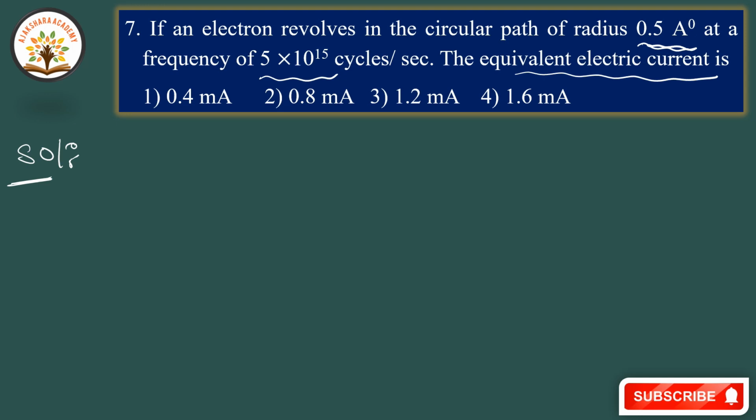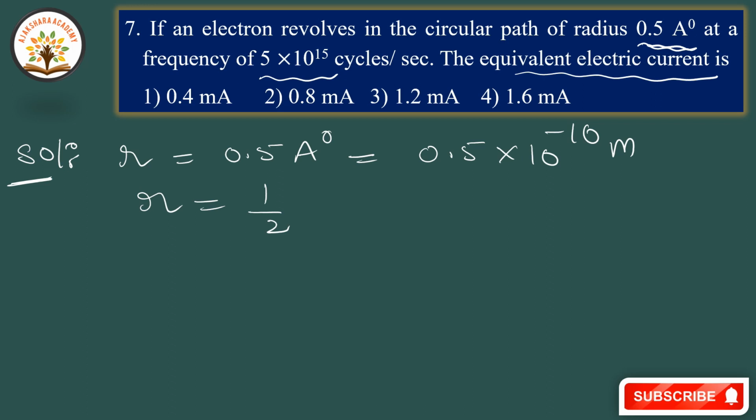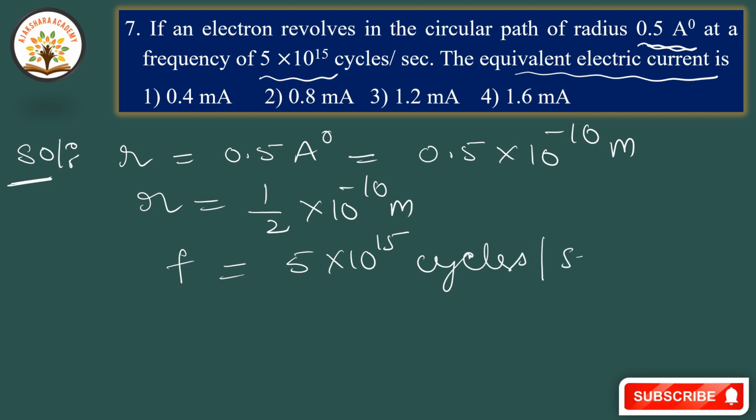Given radius r is equal to 0.5 angstroms, so this can be written, converting into meters, as 0.5 into 10 to the power of minus 10 meters, or this can be written as 1 by 2 into 10 to the power of minus 10 meters. The frequency given is 5 into 10 to the power of 15 cycles per second. We have to calculate the electric current. So I is equal to F into e.